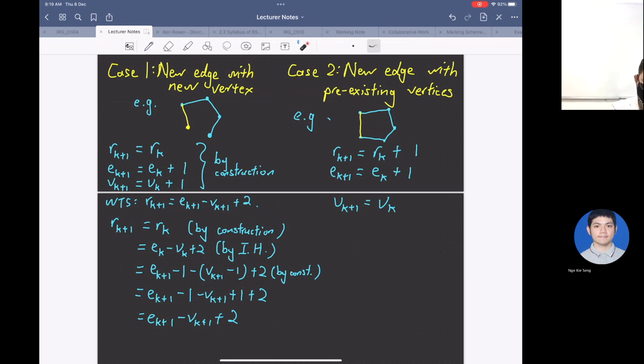So if you do the similar computation, you will get the same result. You can try and do it.